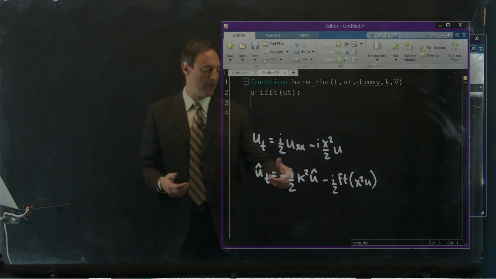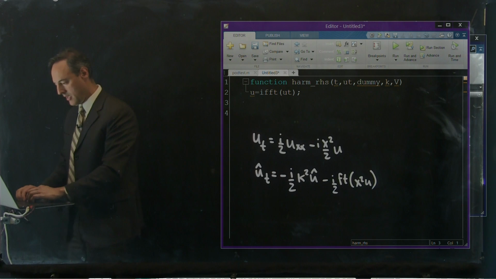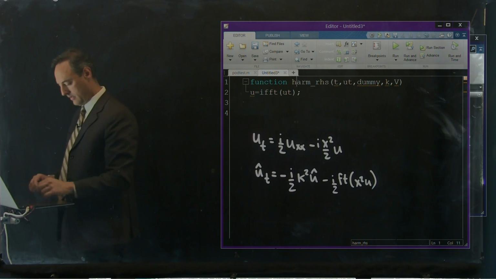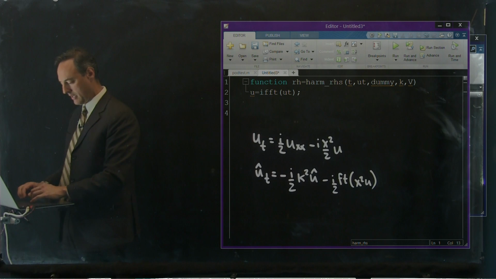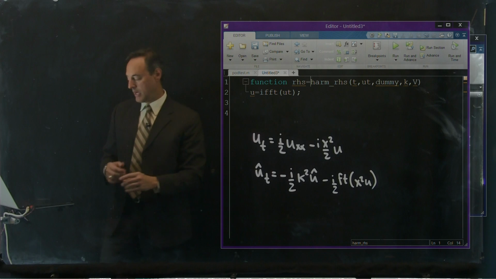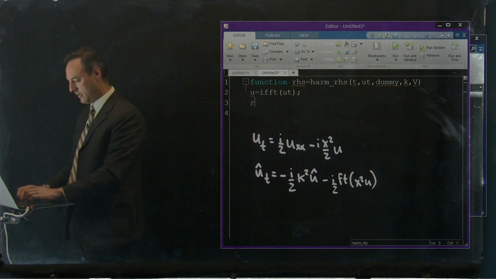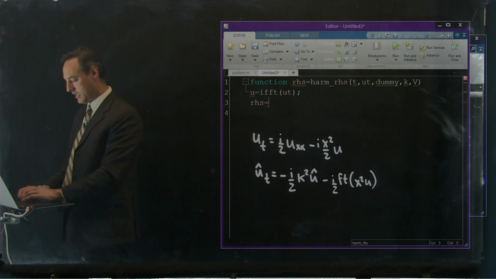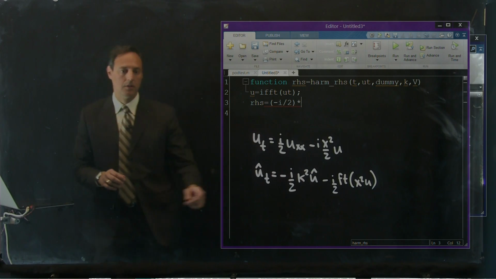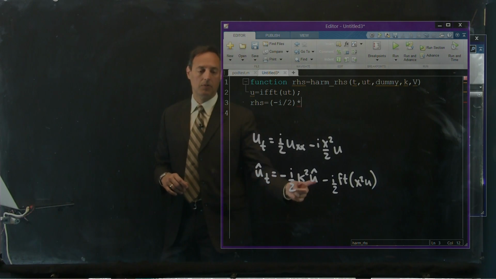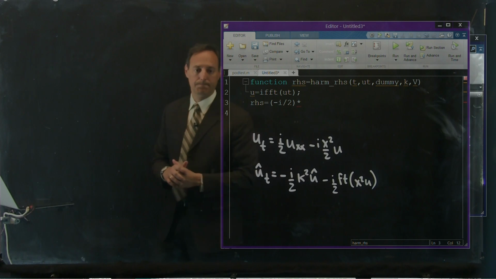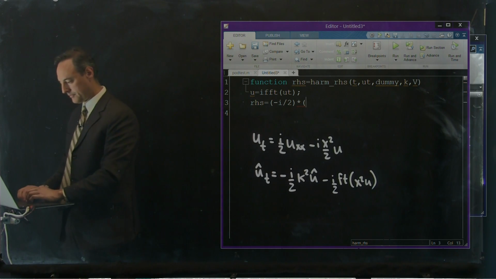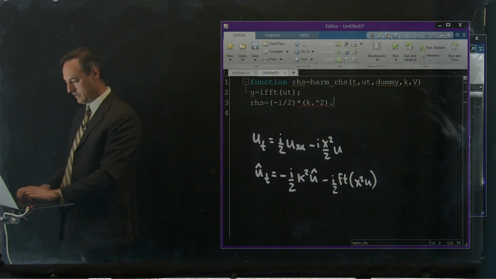Get u back. Now all I have to do is put this in and say by the way, my right-hand side that I'm sending back is equal to this. I want to say that it's minus i over 2 times k squared times u hat, so k squared times ut.